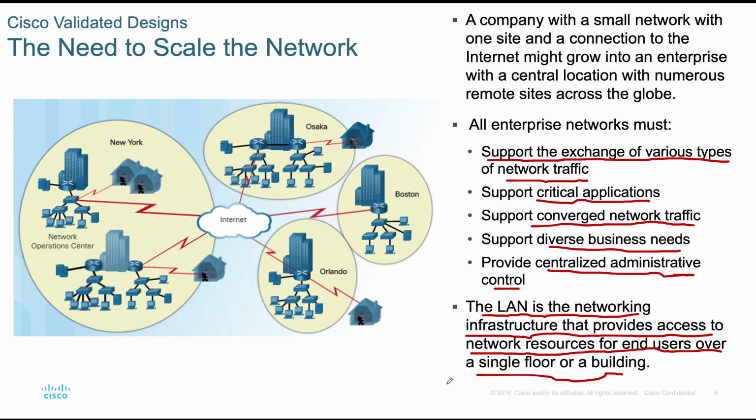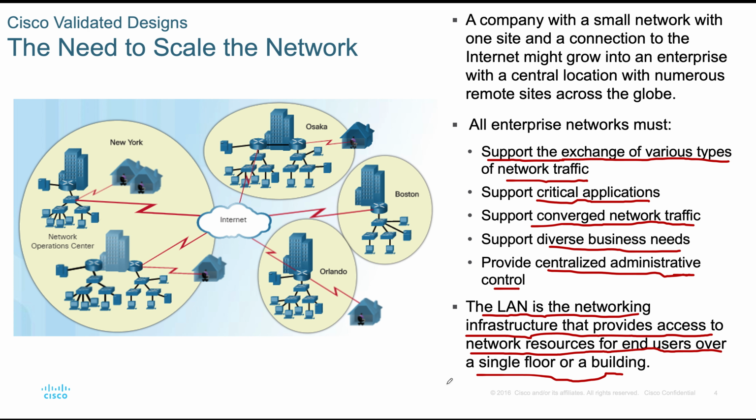In simple terms, a LAN is a networking infrastructure that enables you to have access to network resources for any end user in that enterprise over a single floor or building.